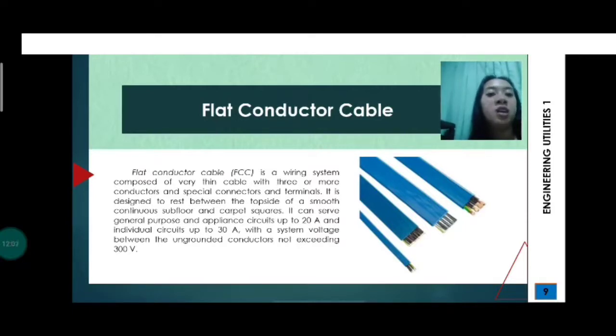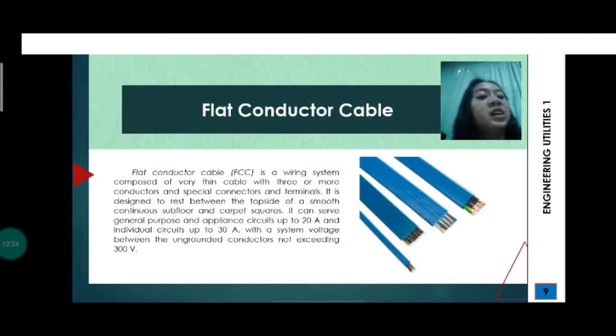Flat conductors are used in computers and other electrical and electronic products for internal connection. See your motherboard of your computer. Some of the wiring inside is composed of flat conductor cable.